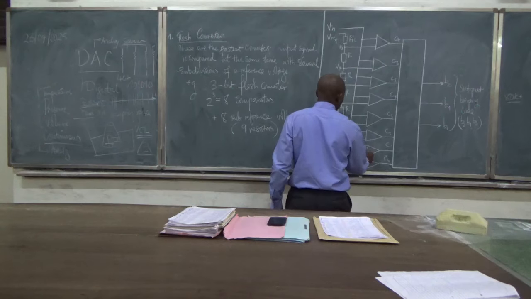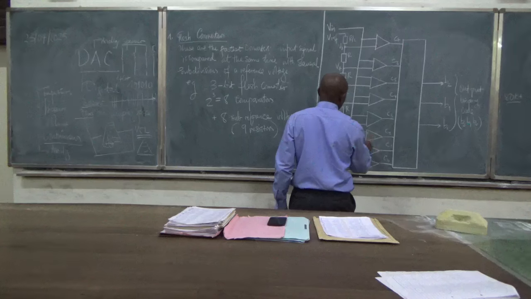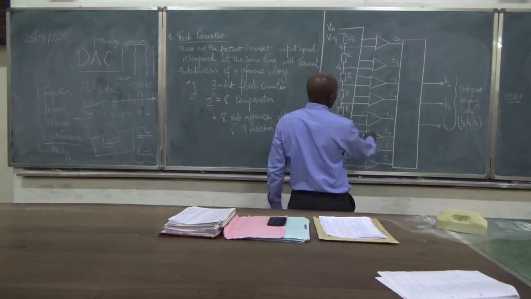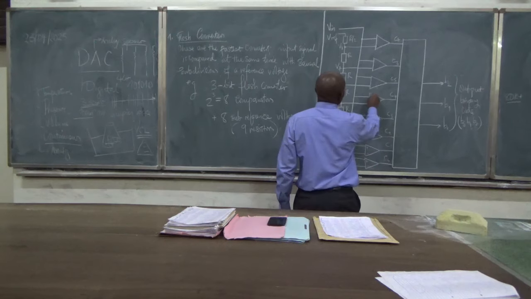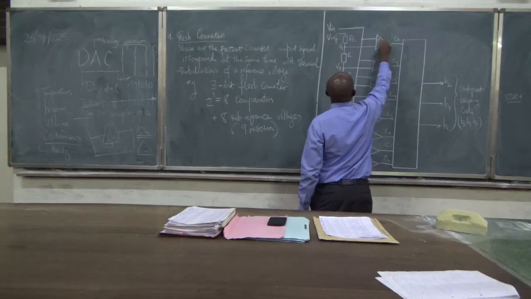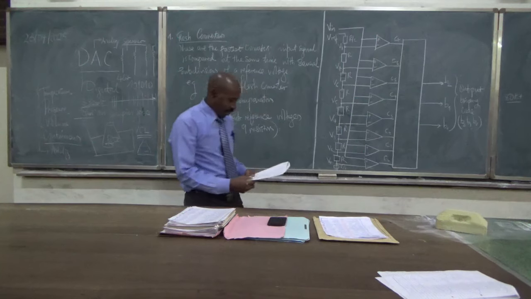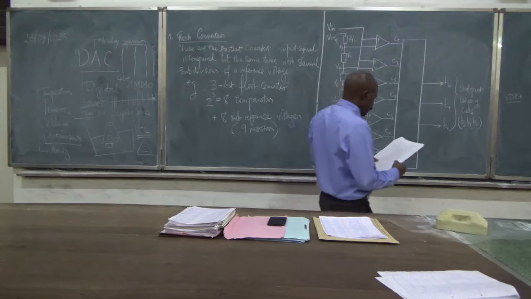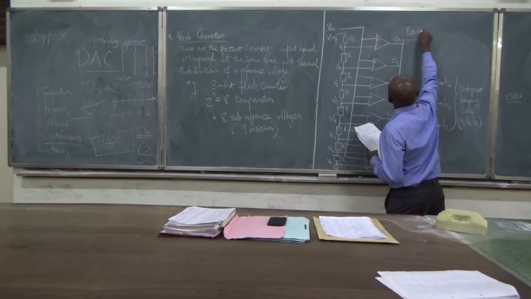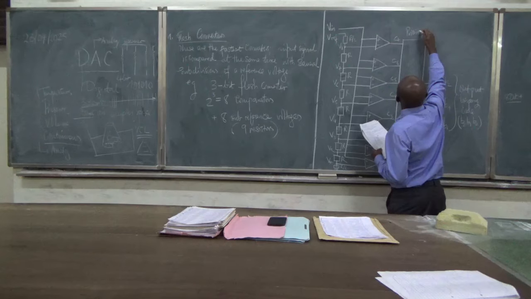This is non-inverting, inverting, non-inverting, inverting, and so on, with the ends going to ground. And this is the priority encoder.